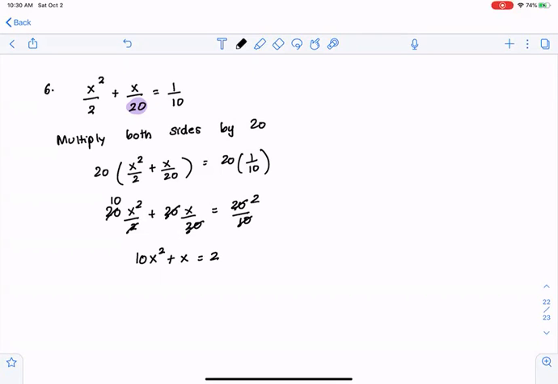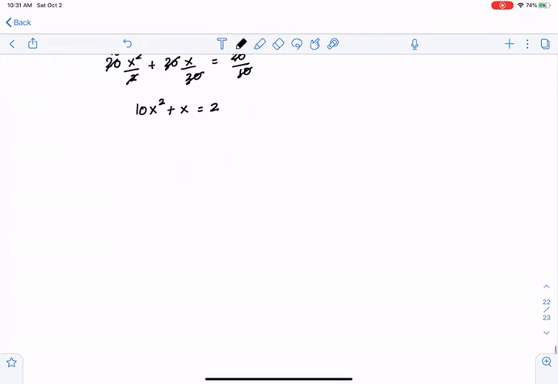Mind you, the right-hand side is not 0, so we've got to move that from the right-hand side to the left to make sure that the right-hand side is 0. So 10x squared plus x minus 2 equals 0.